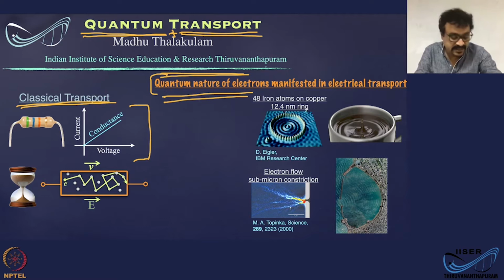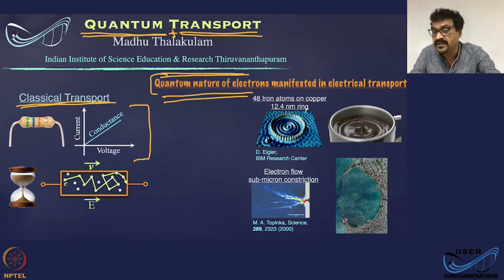But you can actually do this characterization or this measurement as a function of various other parameters, such as the magnetic field, the applied magnetic field, the applied electric field. There can be another electric field in addition to the field that you are applying to drive the electrons through the system.